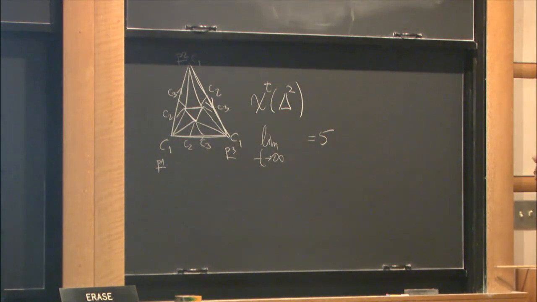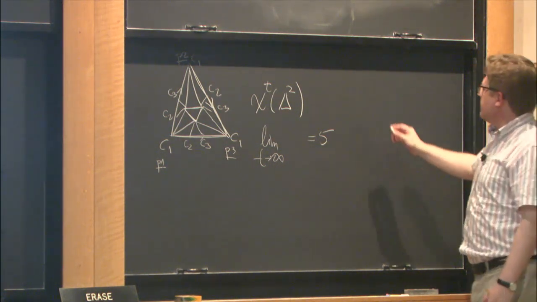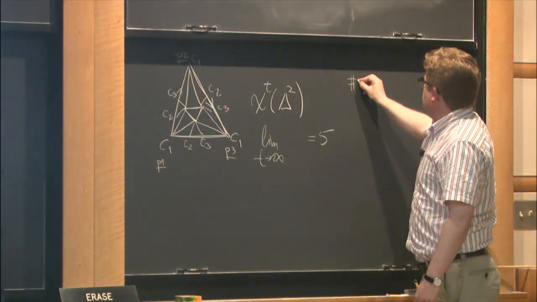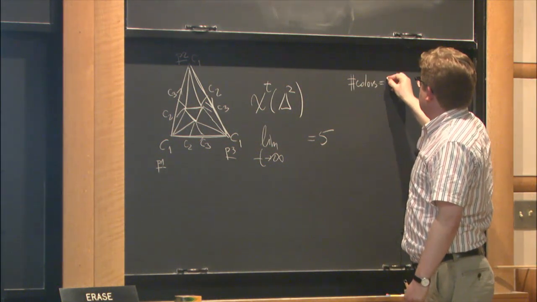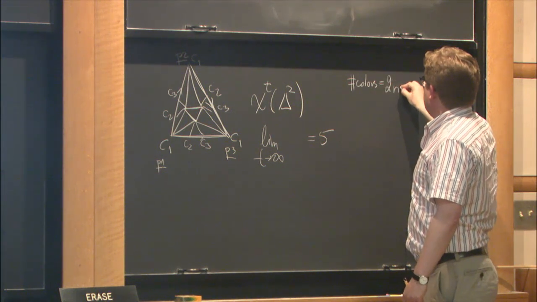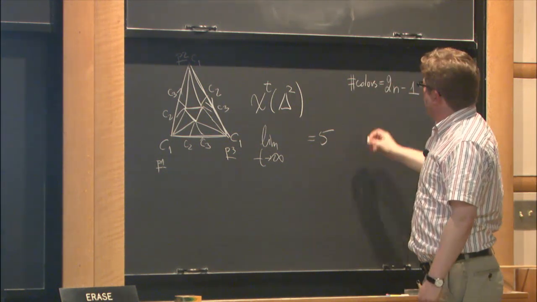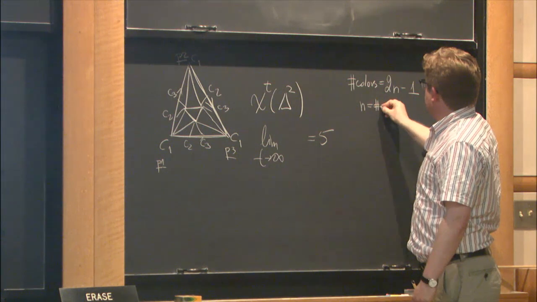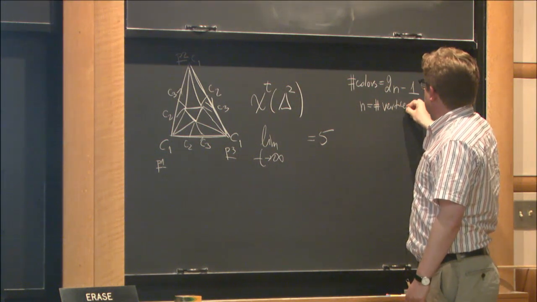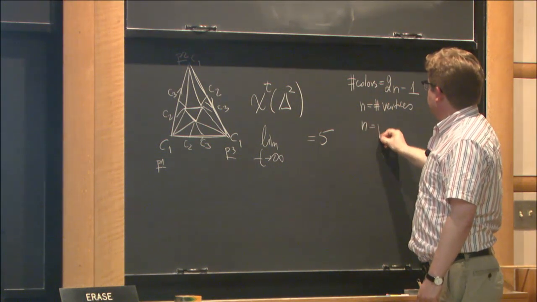And you can show that it is 2n minus 1, where n is the number of vertices and n is a prime power.